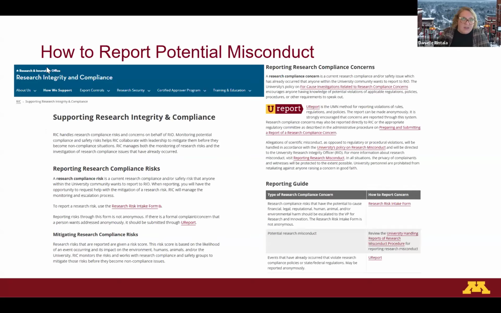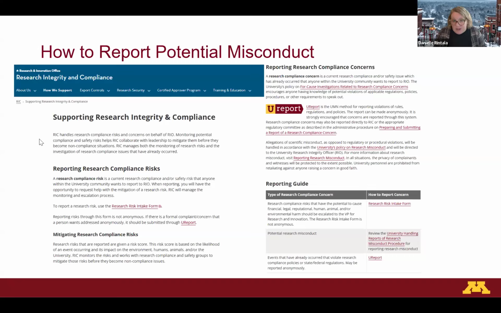So I think the most important for you, and the policy is probably less glamorous, but the most important for all of you to understand is how to report potential misconduct. I hope that everybody here is aware of U-Report. U-Report is not just for people who want to report workplace issues or other issues. It's for everything, right? So if you have an issue, you can report through U-Report.